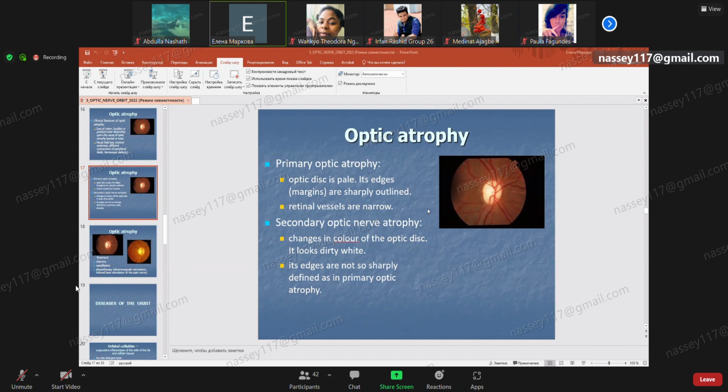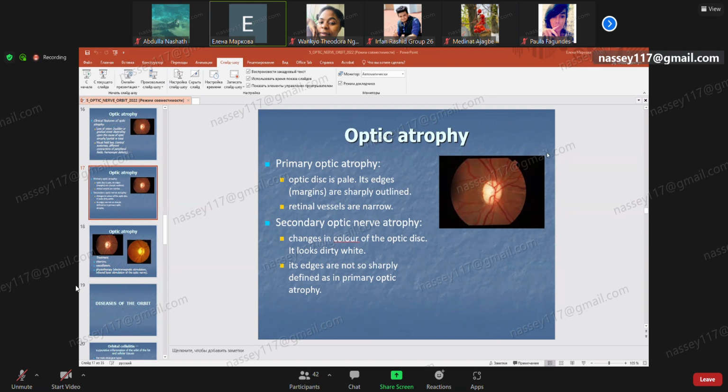One of the main clinical features of optic atrophy is loss of vision, which may be of sudden or gradual onset, depending upon the cause of the optic atrophy. And it may be partial or total, depending upon the degree of atrophy. Visual field loss will vary with the distribution of the fibers that have been damaged.